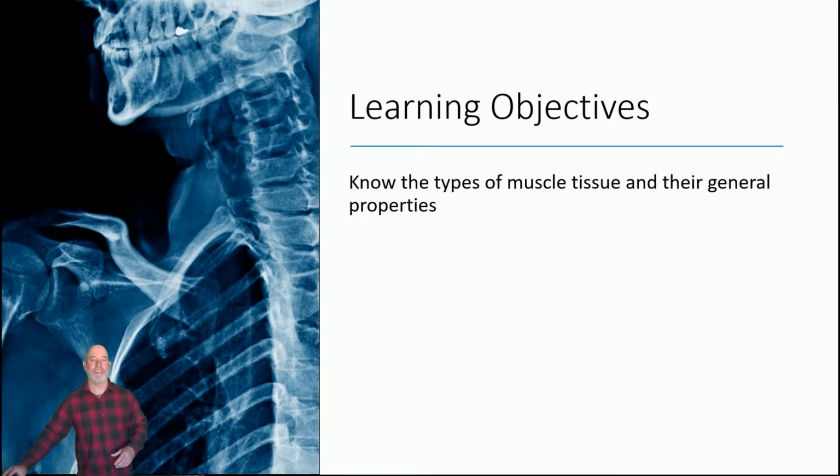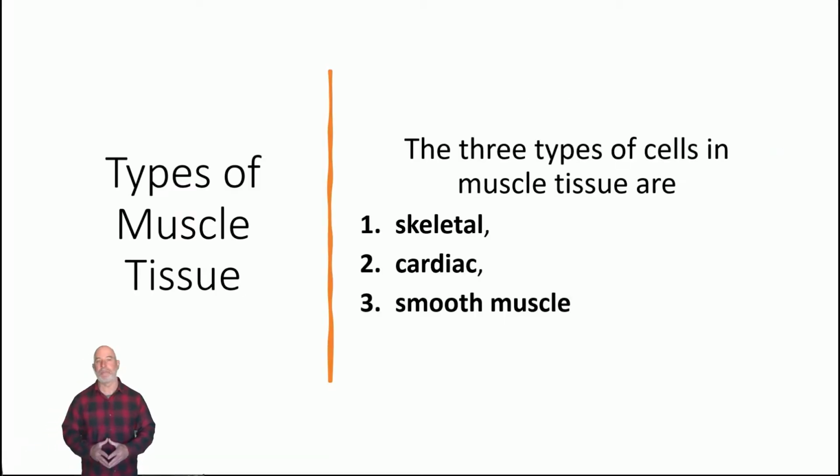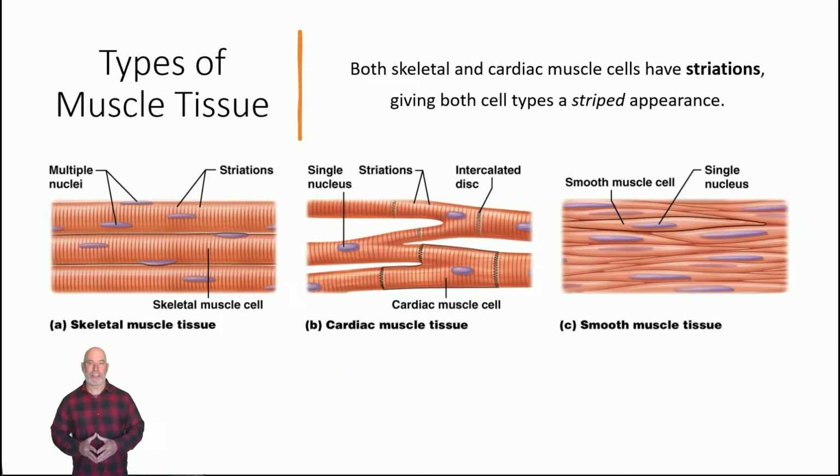But let's start with the different types of muscle first. As you know from my first introduction here, there's skeletal muscle. Well, there's also cardiac muscle and smooth muscle as well. Let's take a closer look. Both skeletal muscle and cardiac muscle are striated.